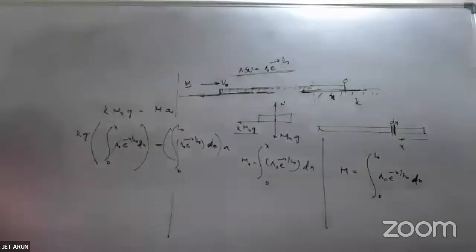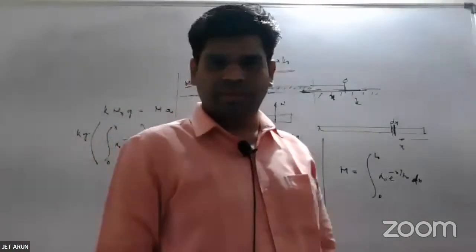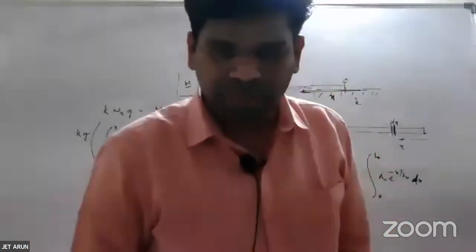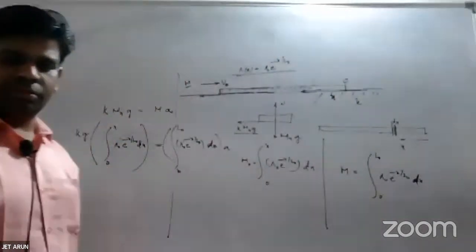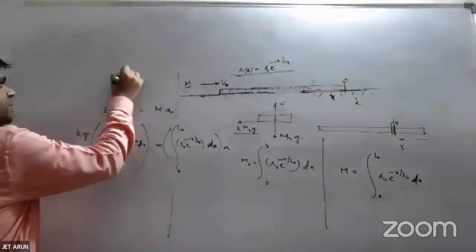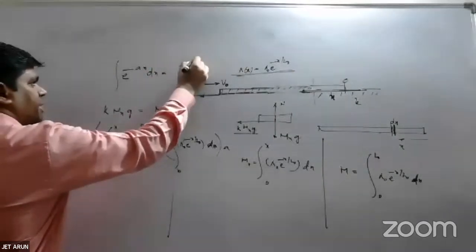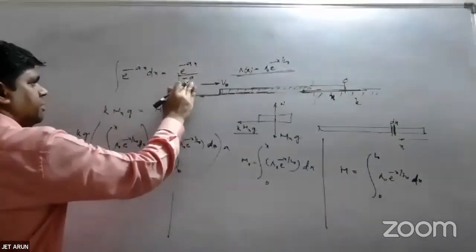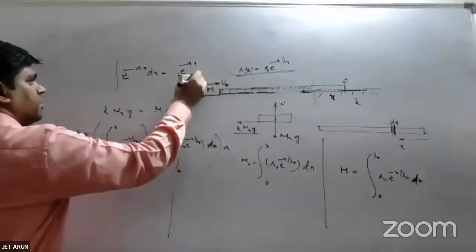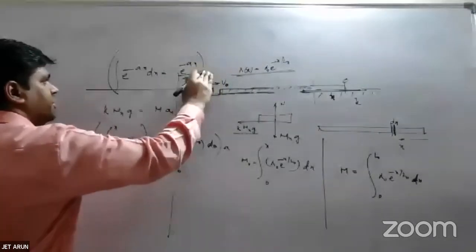Will you try to integrate this? ఇది ఇంటిగ్రేట్ చేయడం వచ్చా మీకు? ట్రై చేశారా? e power minus ax, integral e power minus ax dx is equal to e power minus ax by minus a. That's the integral. Of course, plus c, but we are not bothered about c now.